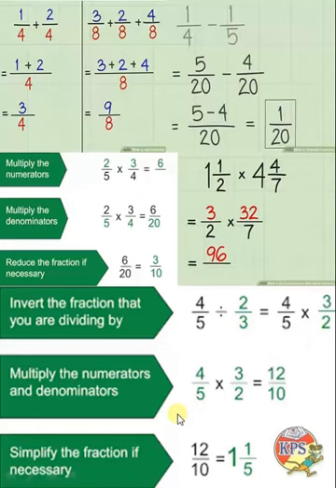You can write like this, or here they are directly multiplying. 4 threes are 12 and 5 twos are 10. Because both are even numbers, you can directly divide both of the numbers by 2. 2 sixes and 2 fives, means 6 upon 5 will remain here, or they are directly dividing it. After dividing both of the numbers, you can write it in mixed form, meaning a mixed fraction.